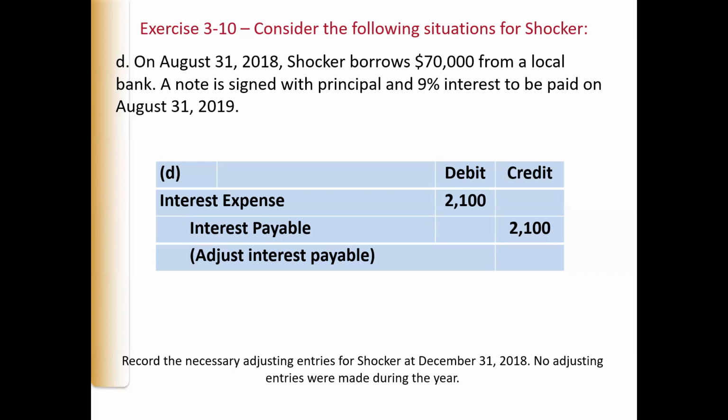9%. So a whole year of interest would be how much? 6,300, wouldn't it? 70,000 times 9% is 6,300, right? So each month, if we took this 6,300 and broke it down by 12 months, how much is that a month?